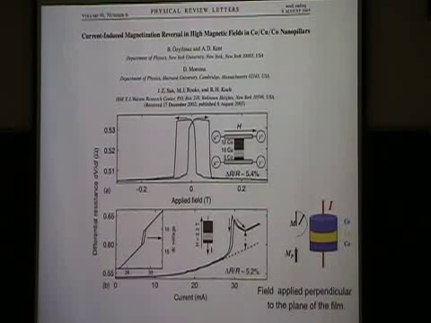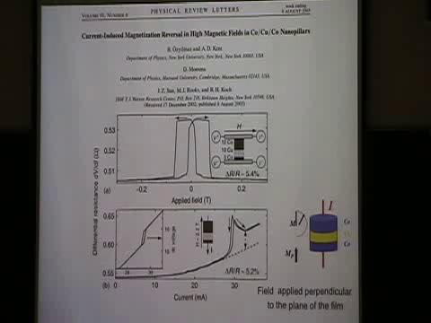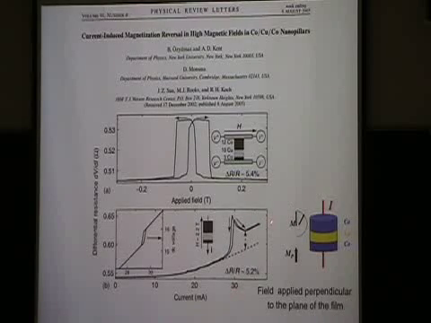This is consistent with this idea. You apply a big enough current at some threshold, and you reach an anti-parallel state. This happens in a very large field. This is in 2 Tesla, but up to 8 Tesla you can achieve a state where the current presumably leads to this anti-parallel configuration.